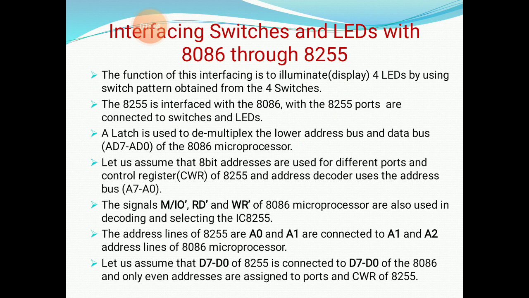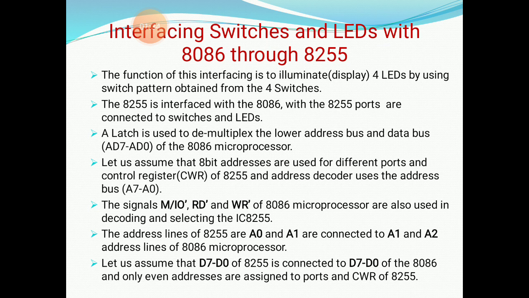The 8255 is interfaced with the 8086 microprocessor, with the ports of 8255 connected to switches and LEDs. A latch is used to demultiplex the lower order address bus and data bus, that is AD7 to AD0 of the microprocessor 8086.